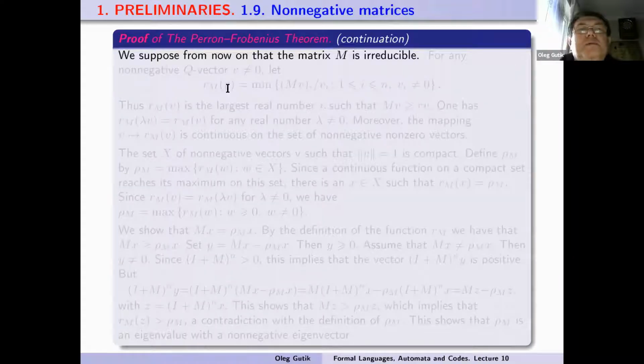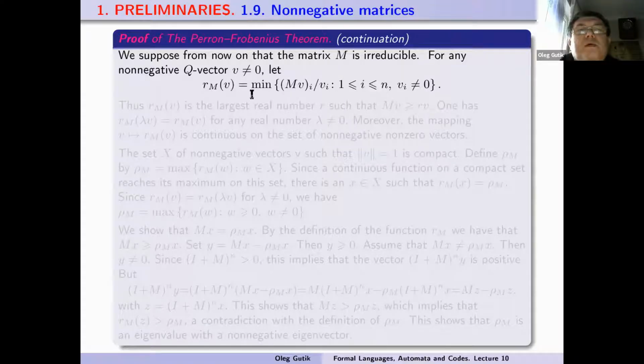Next, we suppose now that the matrix M is irreducible. For any non-negative vector V distinct from 0, we put rho M of V as the minimum of such (MV)_i divided by V_i.